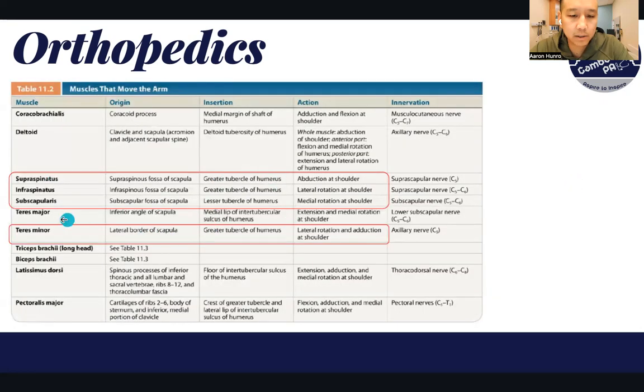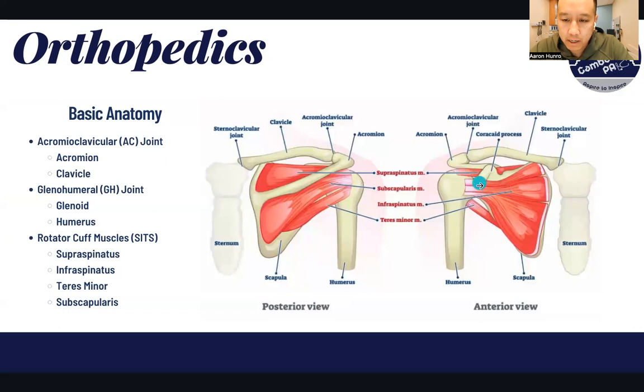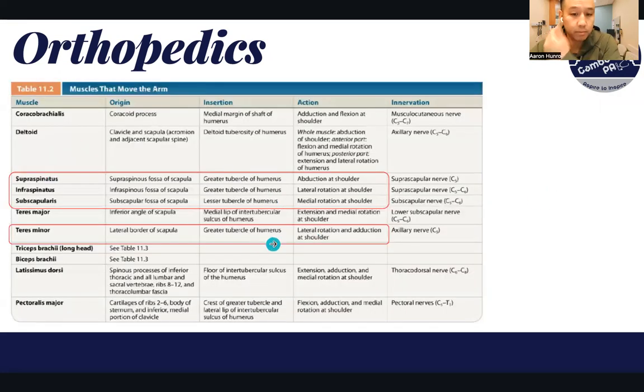And they all insert right at the humerus. So supraspinatus, subscapularis, and infraspinatus all attach to the greater tubercle, or that head of the humerus, while the teres minor inserts into the lower aspect of the humerus, the lesser tubercle of the humerus.